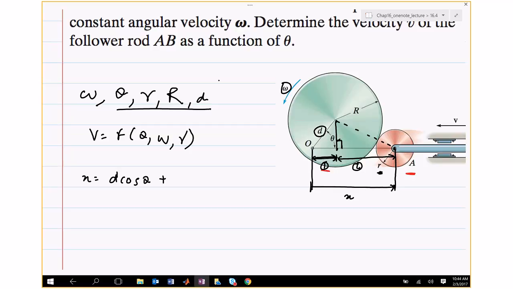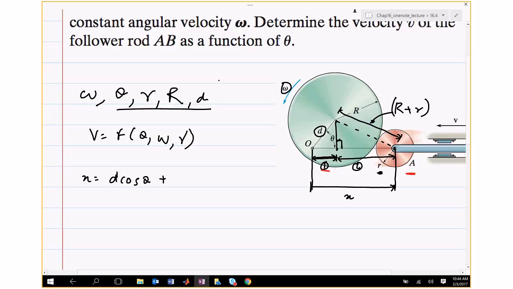Yeah, but if I write x minus d cosine theta, then I don't want it in terms of x. I want it in terms of other things. So what's this side? Big R plus small r.